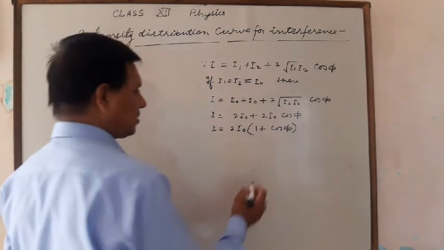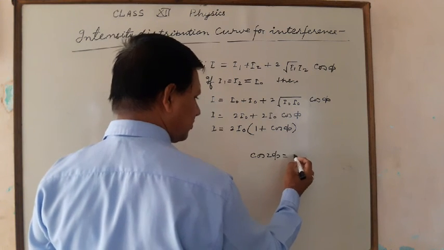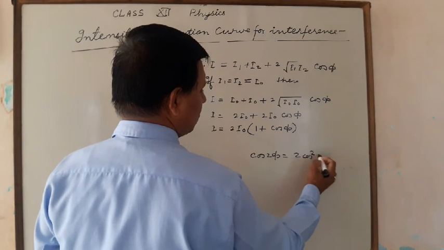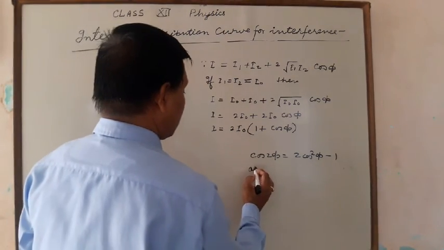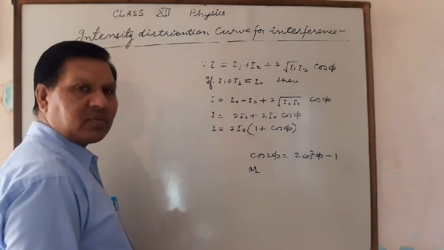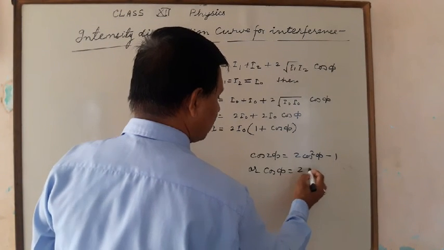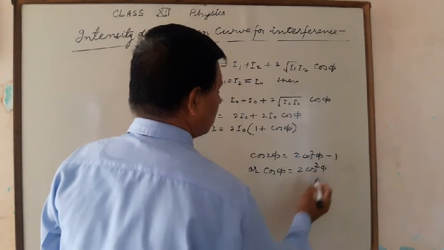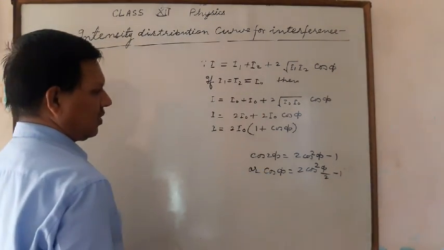But we know that cos 2 phi is equal to 2 cos square phi minus 1. Or in another form, we can write cos phi is equal to 2 cos square phi by 2 minus 1.